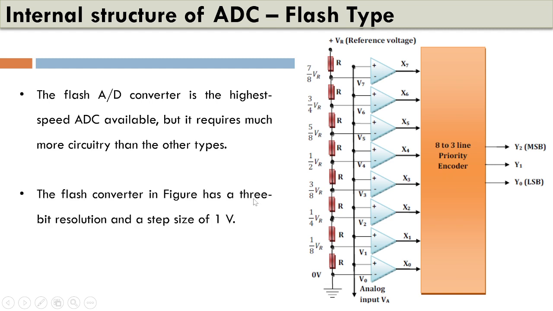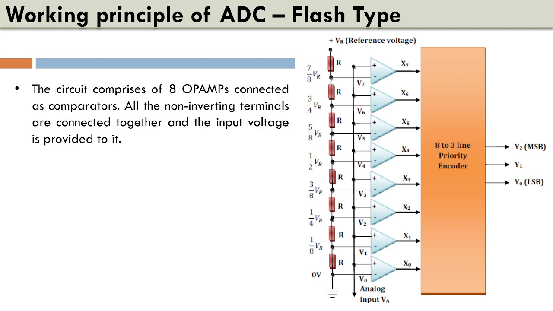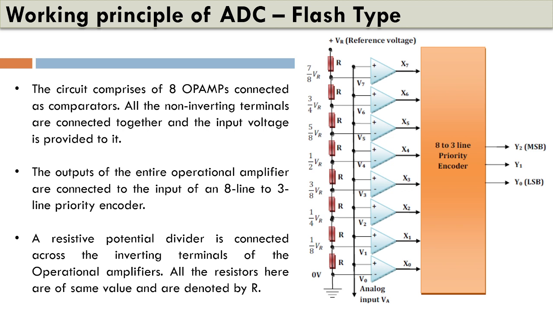So this type of flash type ADC has 3-bit resolution, since it has 3 bits at the output, and a step size of 1 volt. Now let's try to understand the other sections of this. We have already discussed that it is comprised of 8 operational amplifiers.